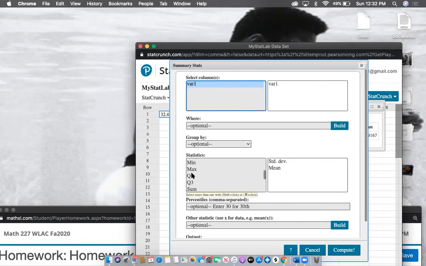So Q1, median, and Q3. You don't need the mean and standard deviation though. Just Q1, Q2, Q3. There you go.